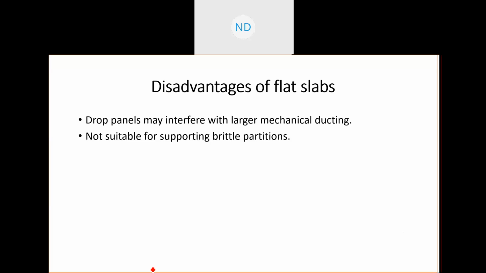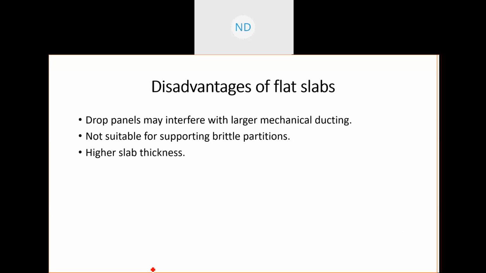Those structures where, suppose, you're making a building of glass or using some brittle partitions, in that case we cannot use flat slabs, they are not suitable. Next, higher slab thickness.